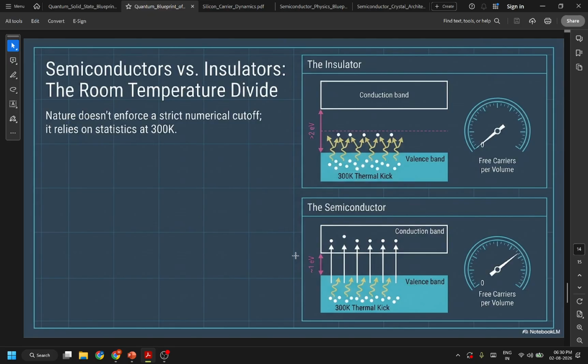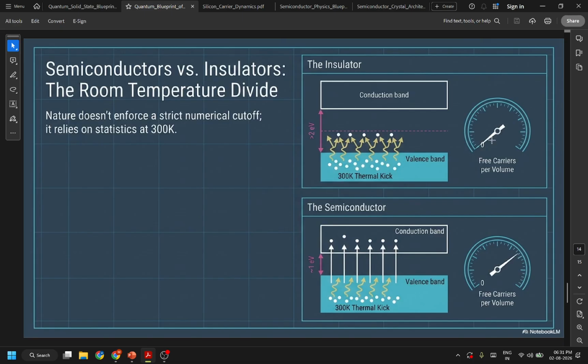Whereas for semiconductors and insulators, in insulators at room temperature, the energy available is not enough to cross into the conduction band. So there are no free carriers in the conduction band and all the carriers are in the valence band itself.